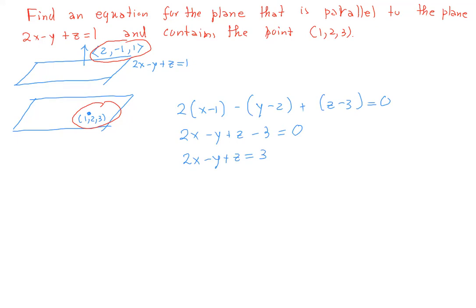Okay, how about now let's work the other way around. Let's be given the equation of a plane, and let's find the equation of a line which is perpendicular to that plane. So here's another scenario.